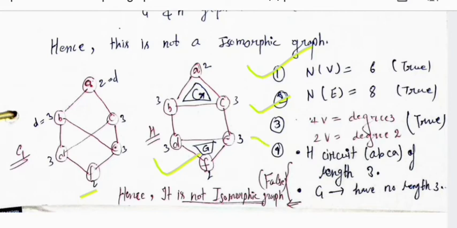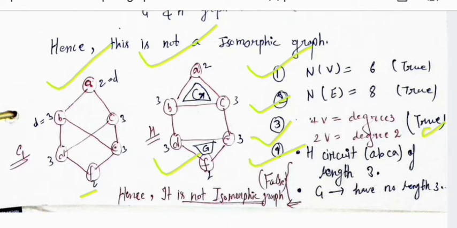Now come to the third rule, the degrees. We found that the degrees in both graphs are the same, 2 and 3, so the third rule is also true. Now come to the fourth rule, the same length of cycles.